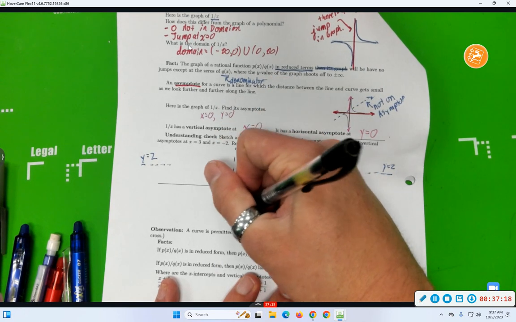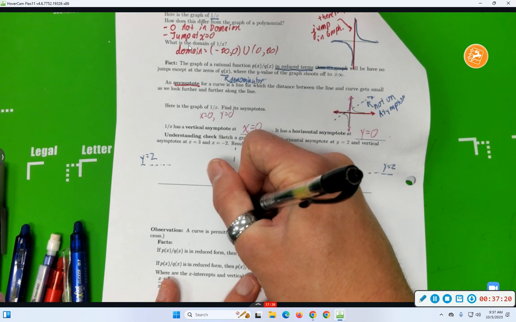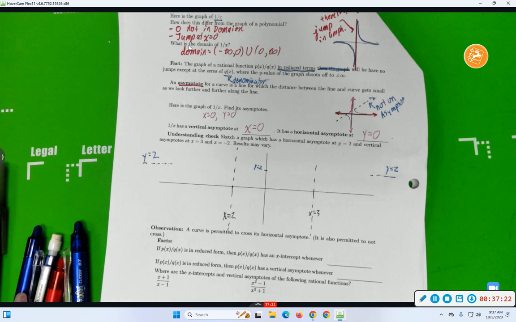So I've just drawn those lines in. Results will vary. So take a moment, sketch me such a graph.